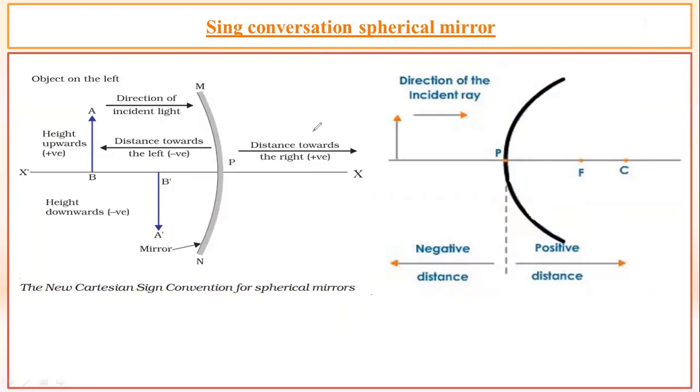Let's move to the next thing, and see the height of the object and the height of the image which we have to use over here. When we talk about the height of the object, mostly we keep the object upright or erect.